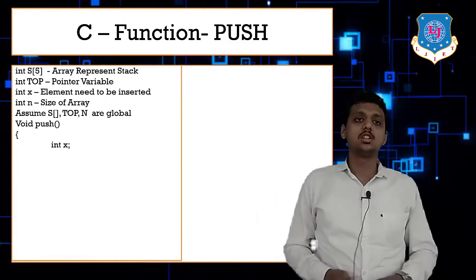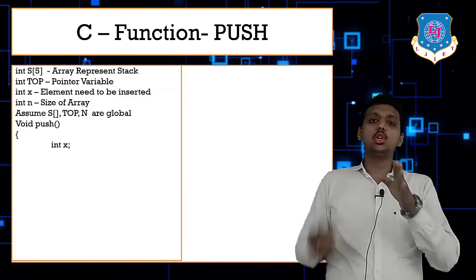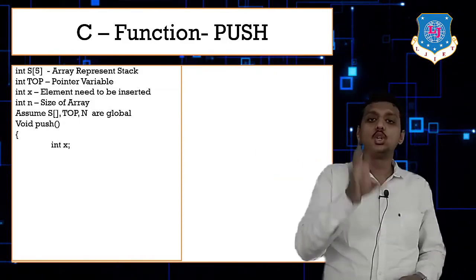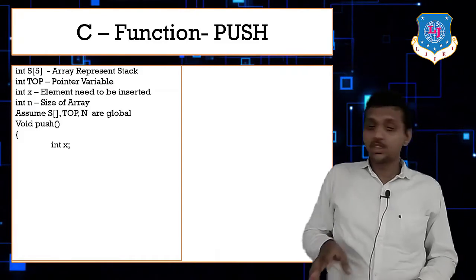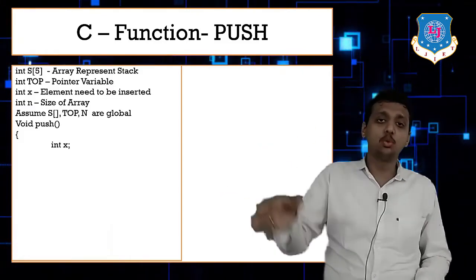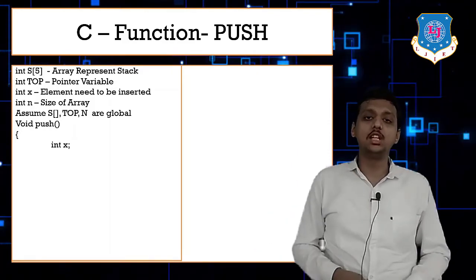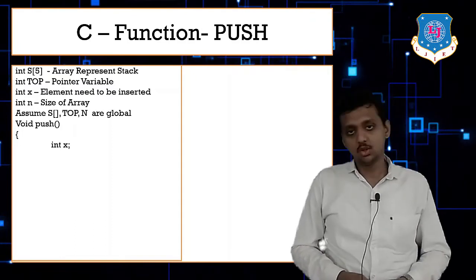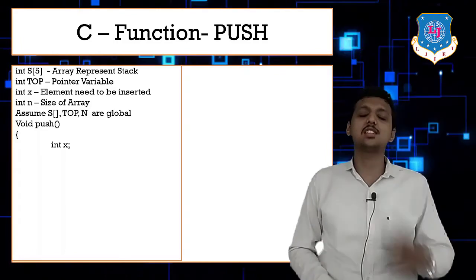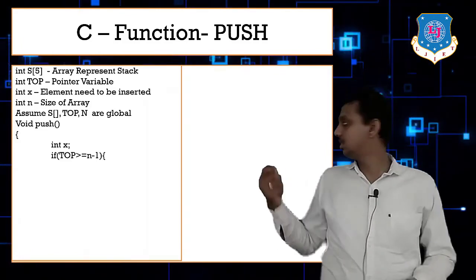Let's see how. See, this is integer x. Whenever you do not want to pass a value as a parameter, then you need to take that value inside the function. If you want to pass a parameter or argument to the function, then you need to pass that particular value at the time of the function call. This is the function definition, and if I want to pass x inside the function, it looks like this: integer x. Then first check whether the condition is true or not.